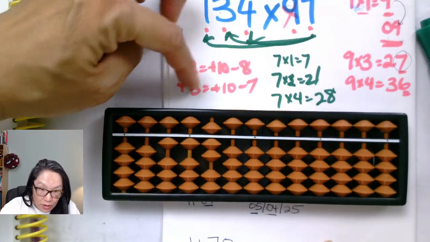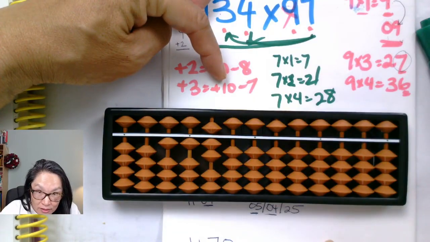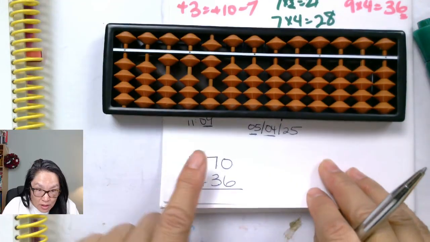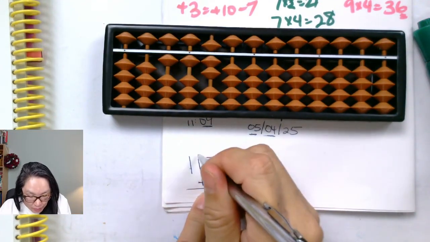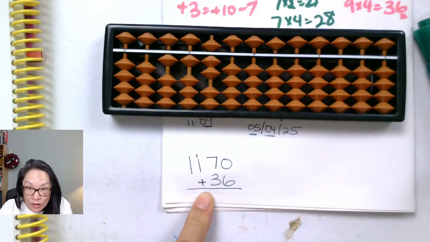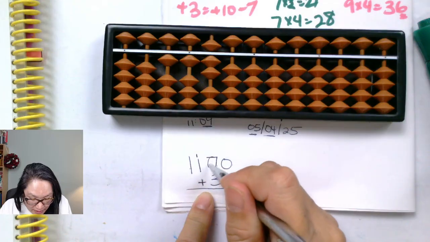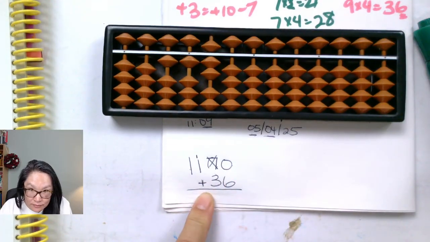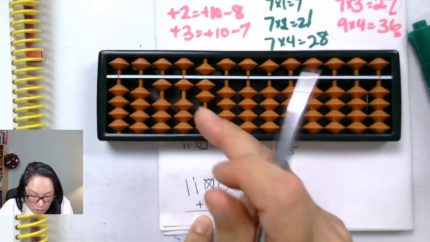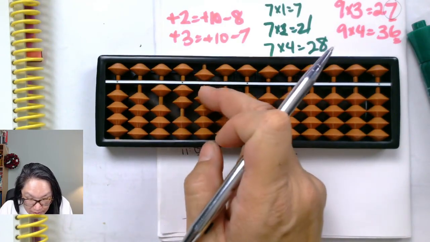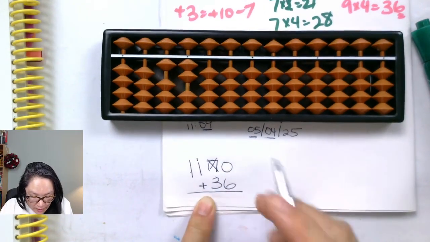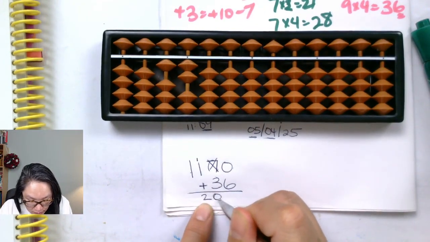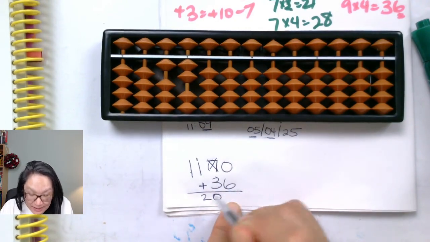We need to plus the 10 minus the 7. I'm going to plus the 10. Look at this, plus the 10 is my carrying over, and I need to take away the 7. That's my 2, 0, and then don't forget to add the 6.